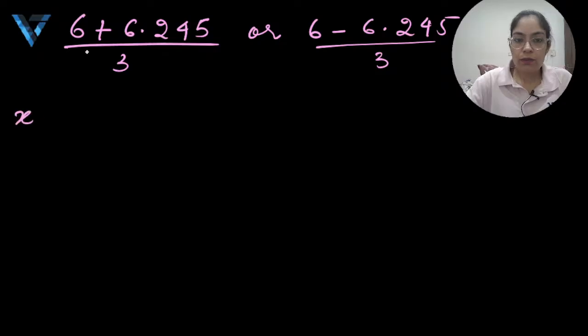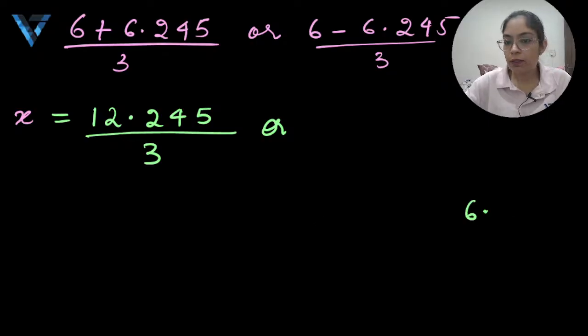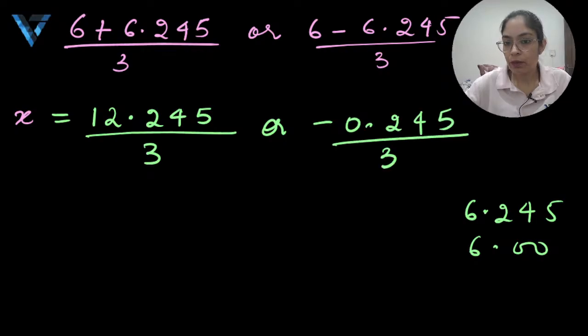So if we add this one, we'll get x is equal to 6 plus 6, so this is 12.245 by 3. Or when we subtract here, 6.245 minus 6, so you will get minus 0.245 by 3.